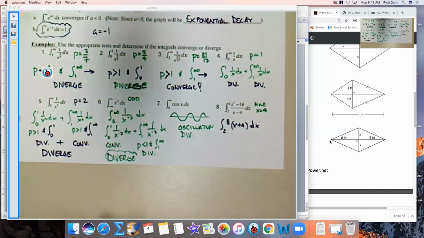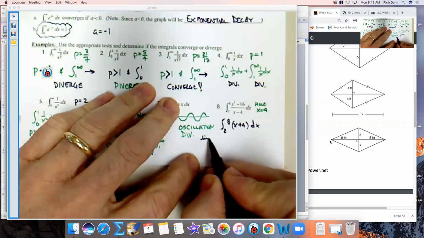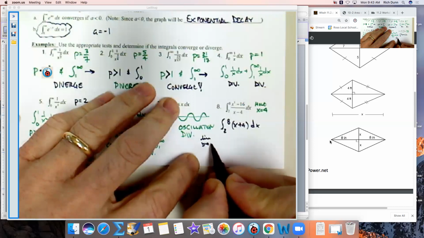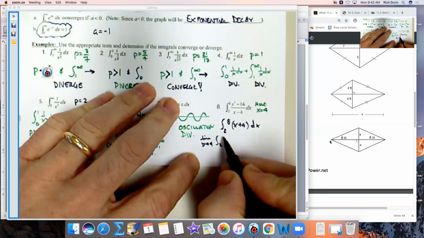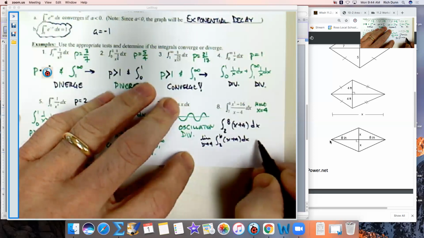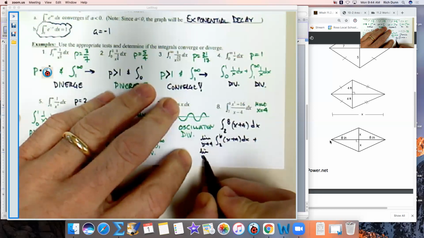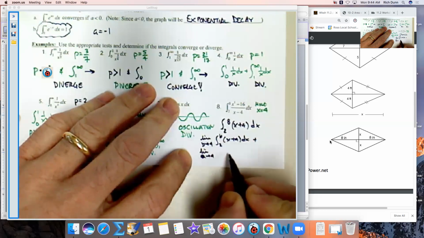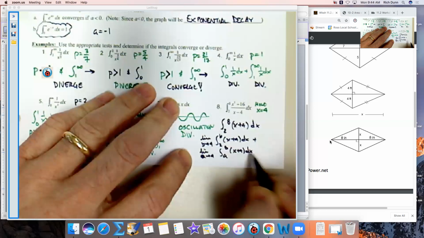The hole occurs at 4, and we would need to rewrite this as the limit as b goes to 4 from 2 to b of x plus 4 dx plus the limit as a goes to 4 from a to 8 of x plus 4 dx.